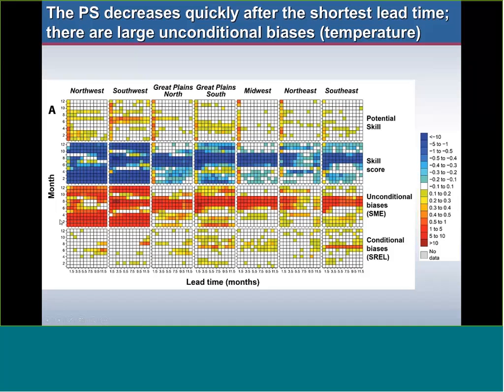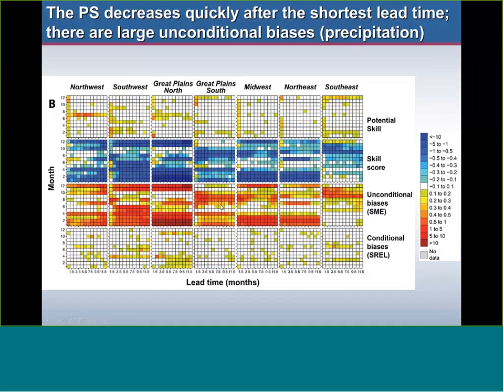One of the things is that this bias does not depend on lead time, but it has more of a seasonal or a monthly dependence. You see that the values across the different lead times don't really change. What changes is that there are certain months out of the year for which we see these stronger or weaker skills. For precipitation, the picture is very similar, just that the overall skill is even reduced with respect to temperature. So based on this, it appears that the largest biases are due to unconditional biases rather than conditional biases, for what we have seen.